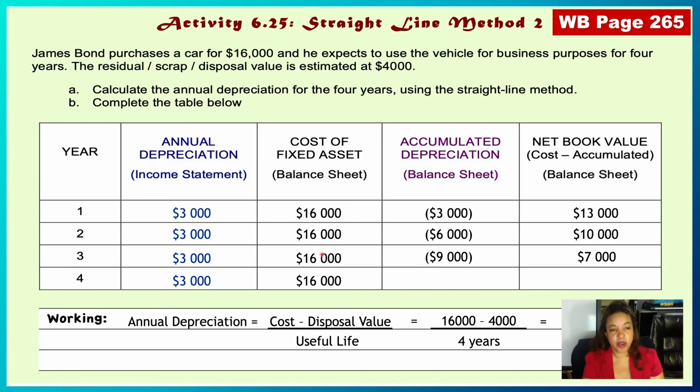And then the fourth year, or the last year, 4 years by the 3,000 will give you $12,000. 16 minus the 12,000 will give you a net book value of $4,000, which is the amount that you estimate will be your value at the end of the 4 years, and you should be able to get $4,000 for it.